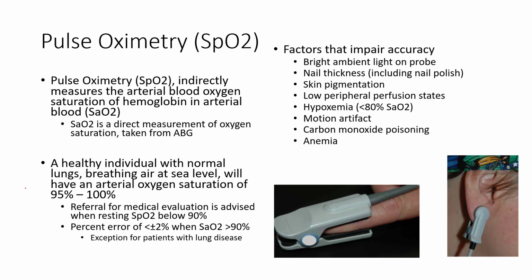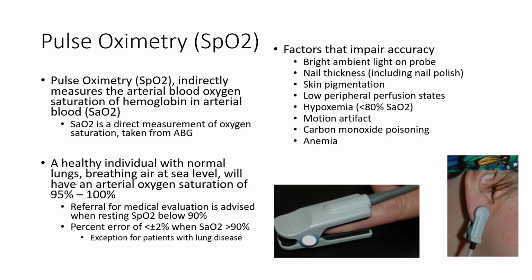So we can indirectly assess that by using pulse oximetry, which uses an infrared light that penetrates the nail beds or the fingers or the earlobe here. You've seen even forehead sensors. The way this infrared light is reflected or transmitted through to the other side of the sensor gives us an indirect measurement of how well hemoglobin is saturated with oxygen.